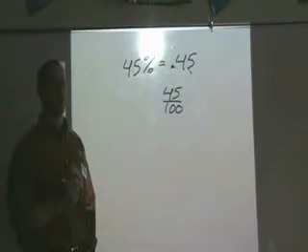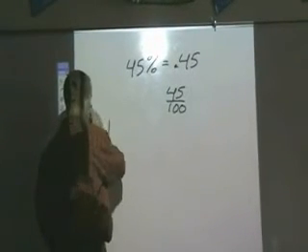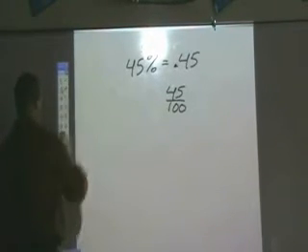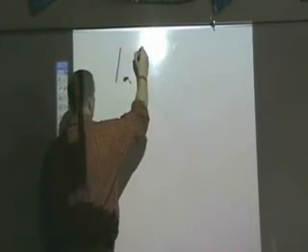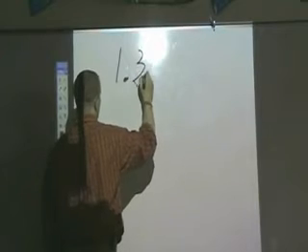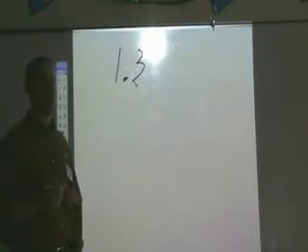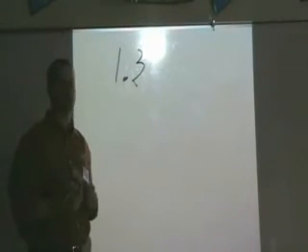Okay? So now, let's change this up in the new screen. What happens if you have 1.3, or 1 and 3/10? And your math teacher asks you to make 1.3 into a fraction.